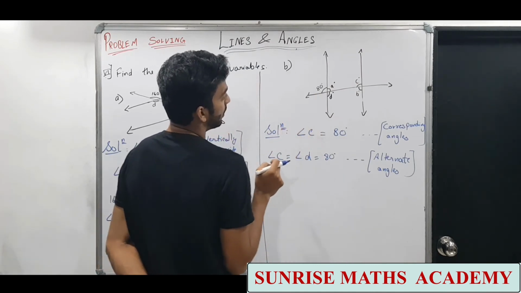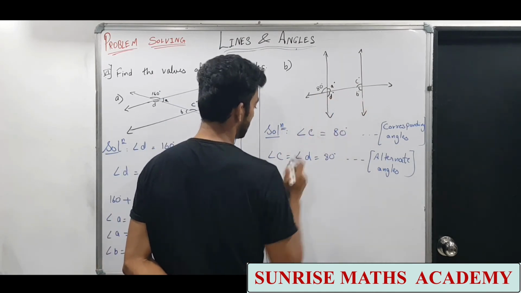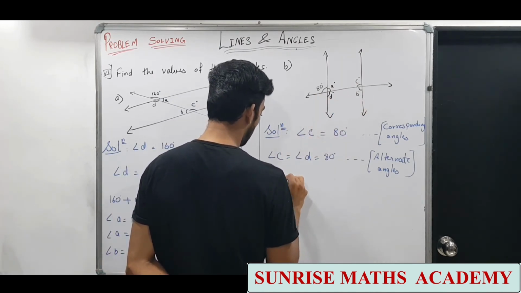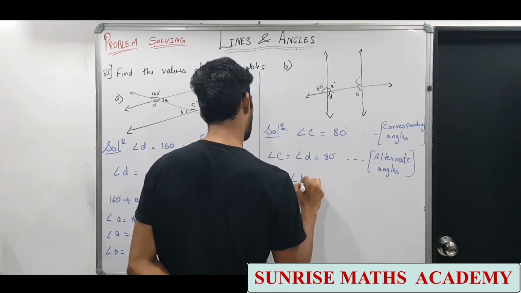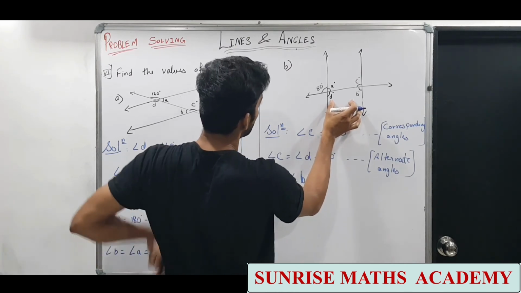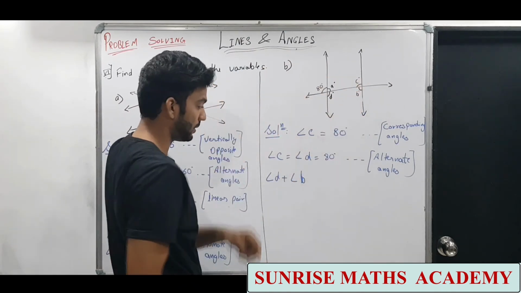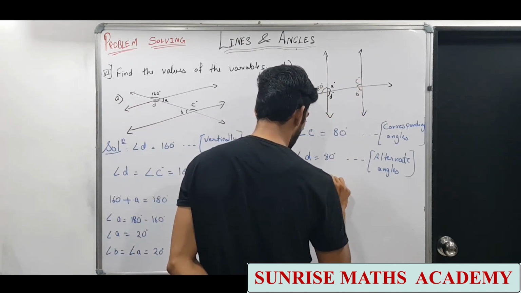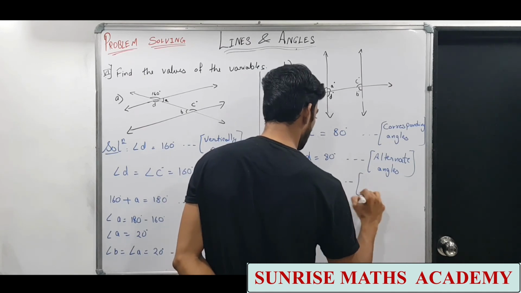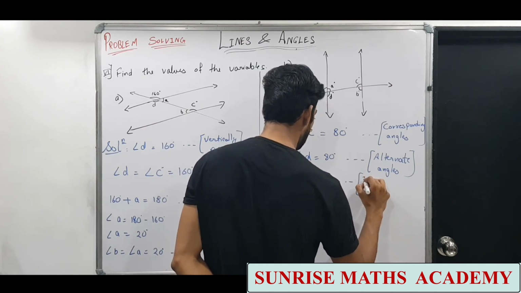Now with D we will take B, angle D plus angle B. यहाँ पे equal नहीं है. They are on the same side of transversal and interior. So they are supplementary angles. So that is 180 degree.